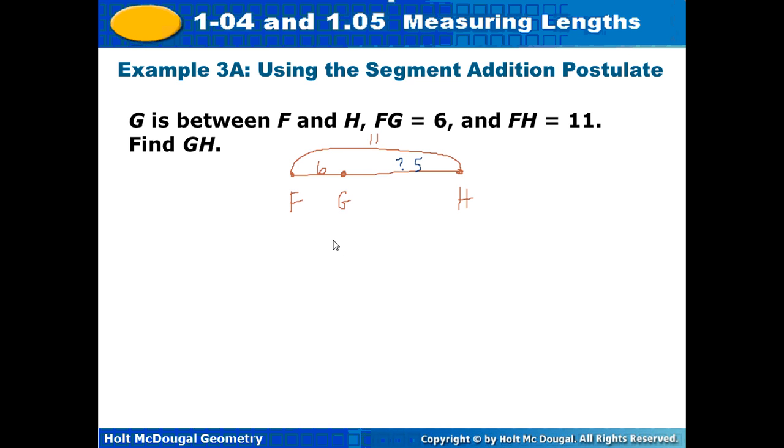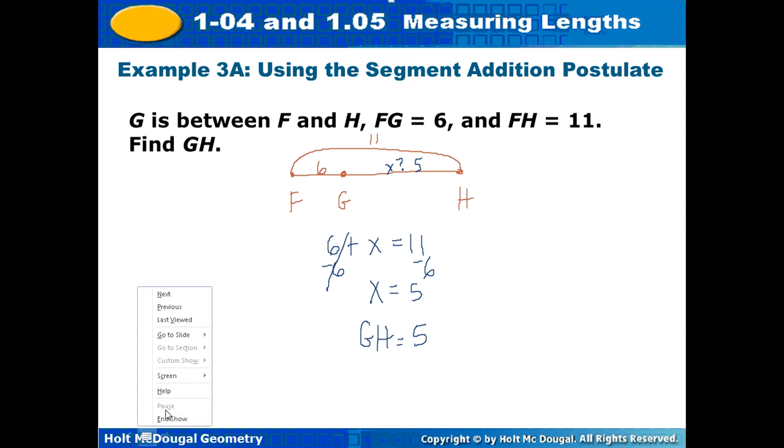By the segment addition postulate, 6 plus what gives me 11. And so then I subtract 6 from both sides, and I get that X has to be 5, and I should have labeled GH as X. And so now GH is 5. So that's how you would do that. We're going to be doing more of these problems in the lesson, so please make sure you attend.